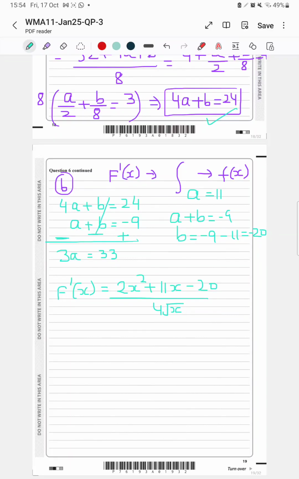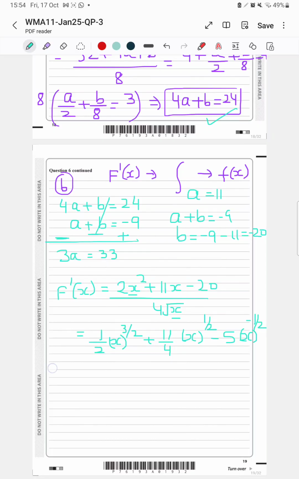First I can write it in a simplified form. So this will be 2 divided by 4, which is a half, and then you have x squared divided by root x. So this is x squared divided by x to the power of a half. When you simplify this, this will be x to the power of 3 by 2. And after that, the next step is plus 11 by 4 x to the power of a half, and then minus 20 divided by 4 is 5, and x to the power of -half.